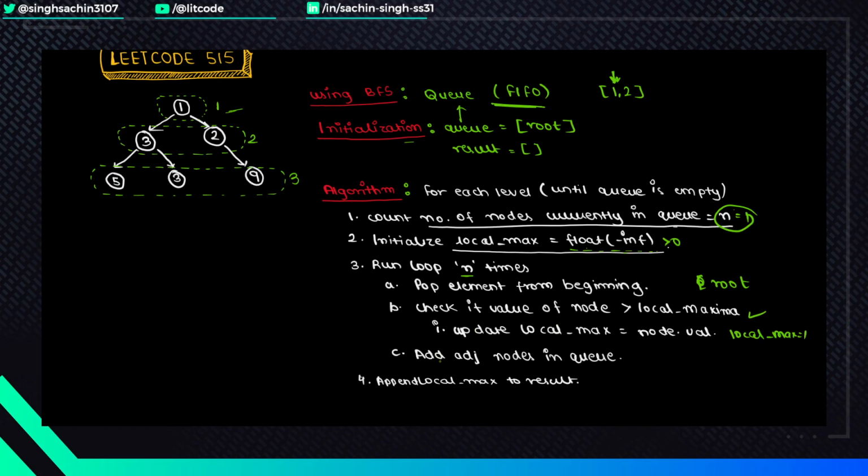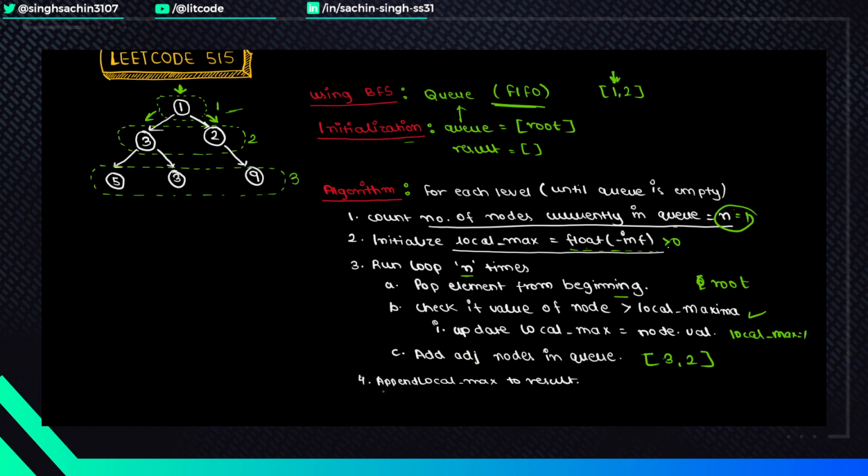Now the next part is we want to add adjacent nodes into the queue. If you see over here, the root node had two adjacent nodes, 3 and 2. So I want to add those in the queue now. Root was already removed at this point, we popped the root. So the queue will look like 3 and 2. So we did that.